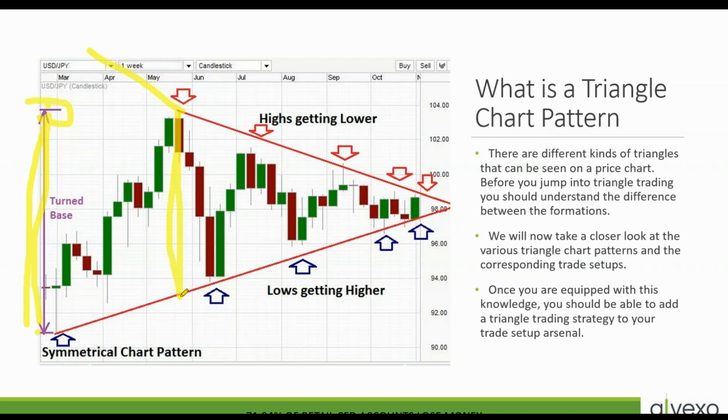And this is crucial because we use this base to do some measuring to figure out where our stop loss should be, where our potential profit should be, and what our risk management should be. It is quite important. So keep in mind that the base is when you can attach the two lines, the upper and the lower, together, regardless of what type of triangle we're looking at.